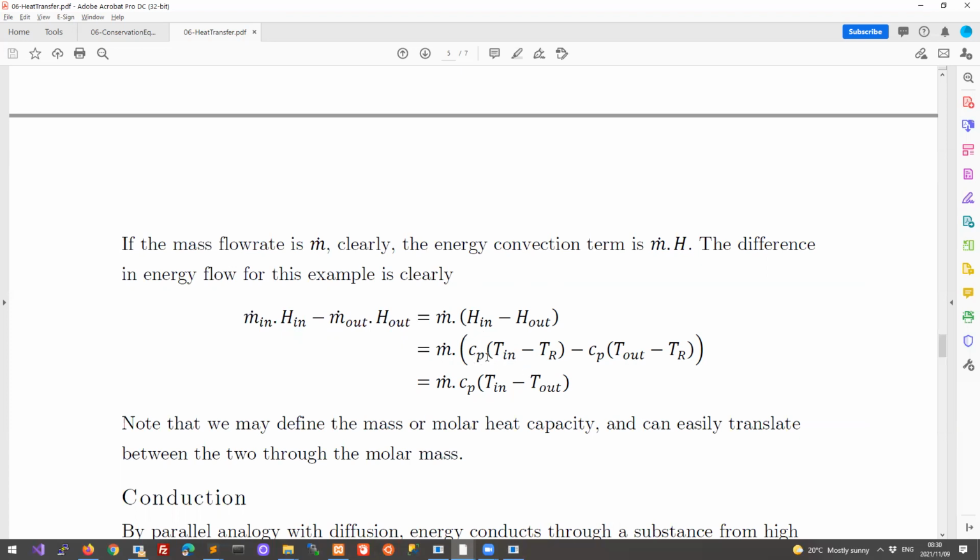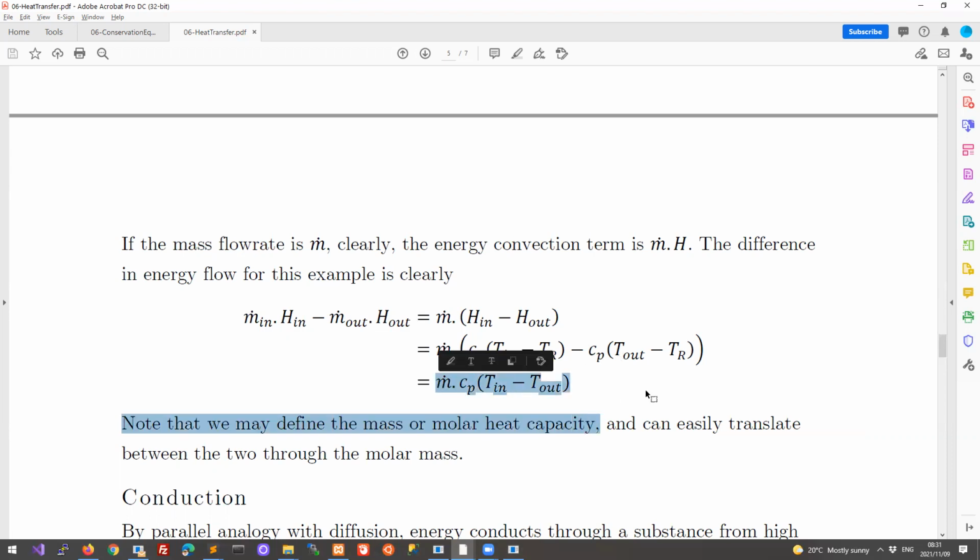We are assuming heat capacity is constant over this temperature range TR to Tin. Okay, and if you look at this, you've got Cp times minus TR. So this is minus Cp TR. And then here you've got minus Cp times minus TR. So this is a plus Cp TR. So this Cp TR is canceling with this Cp TR, and left over will just be T in minus T out.